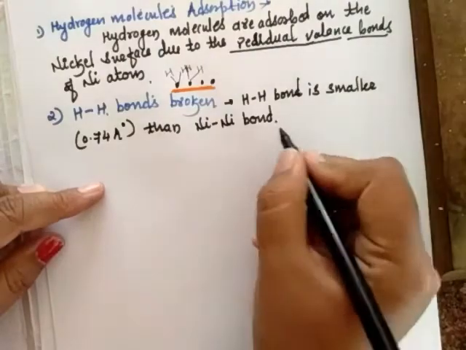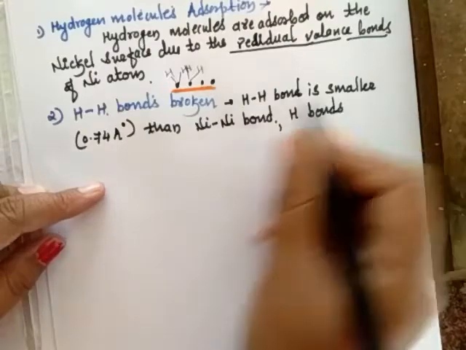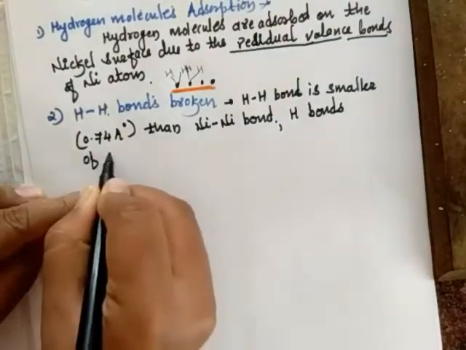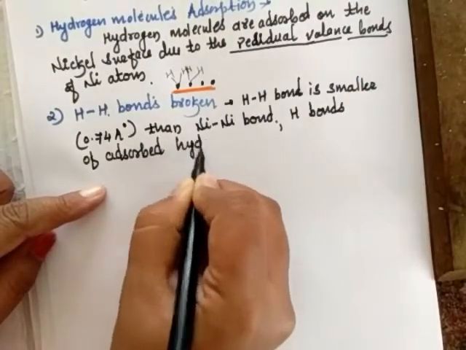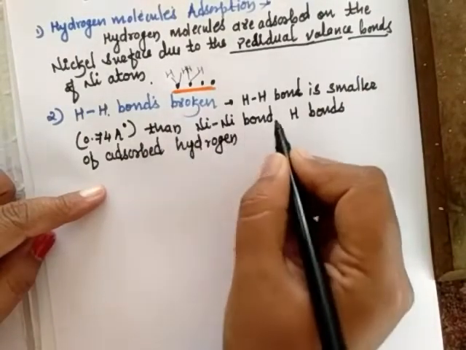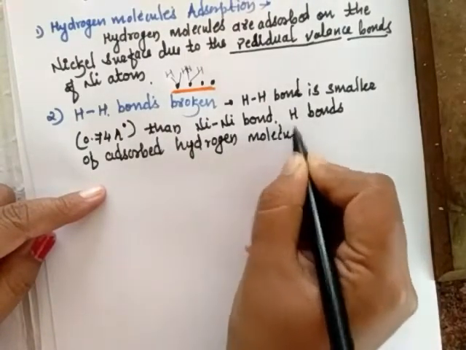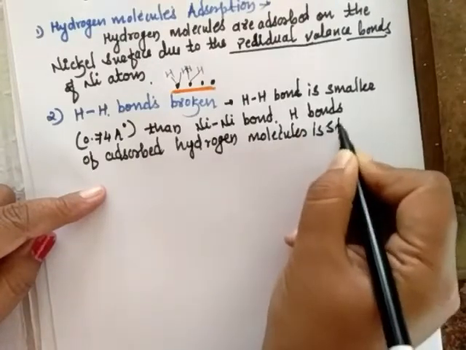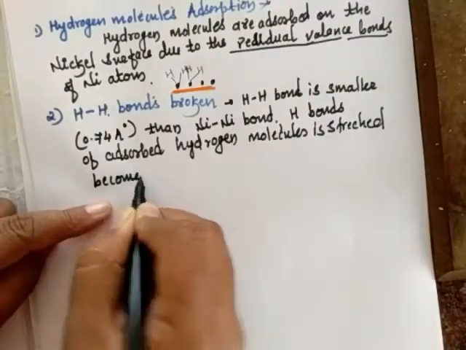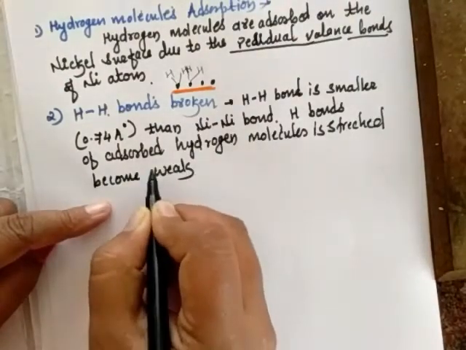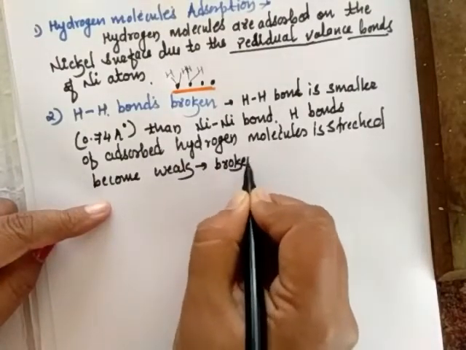So now what will happen? The hydrogen bond of the adsorbed hydrogen molecule is stretched and becomes weak in nature. If it becomes weak in nature, it can be easily broken, isn't it?